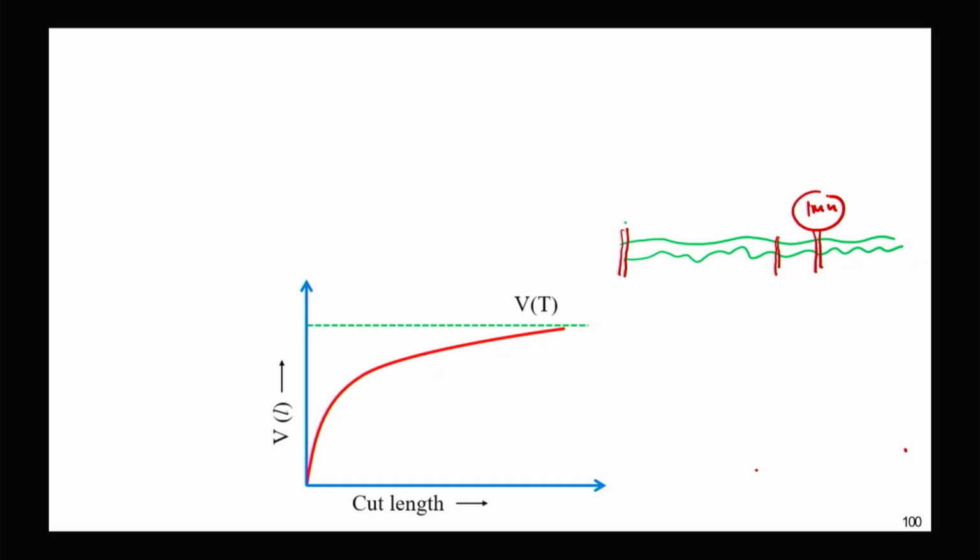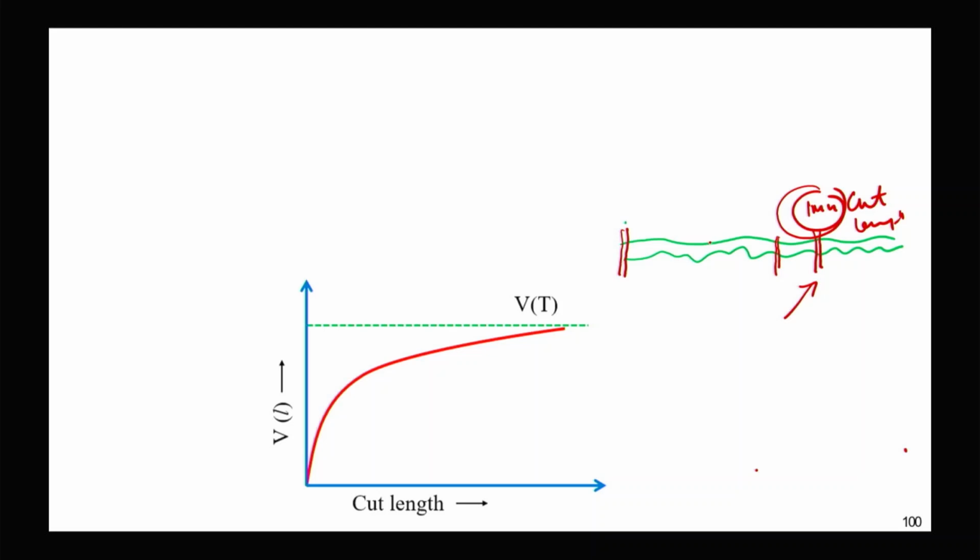Now imagine 1 millimeter we are again subdividing into say 100 very, very small pieces, and we are trying to get the variability within 1 millimeter by some means.